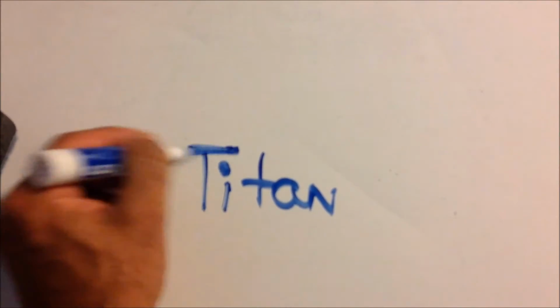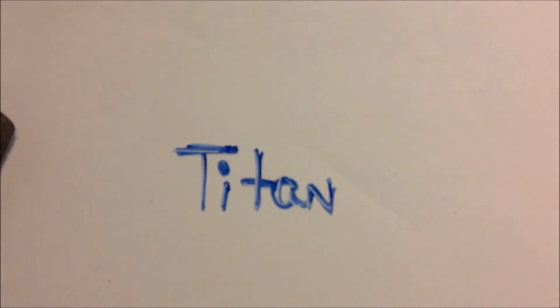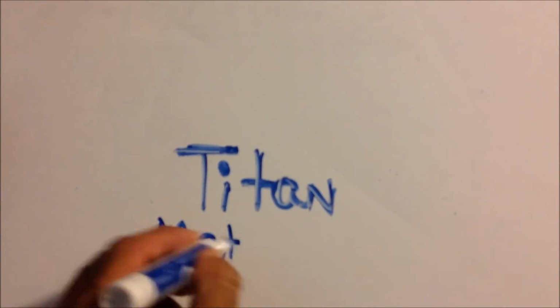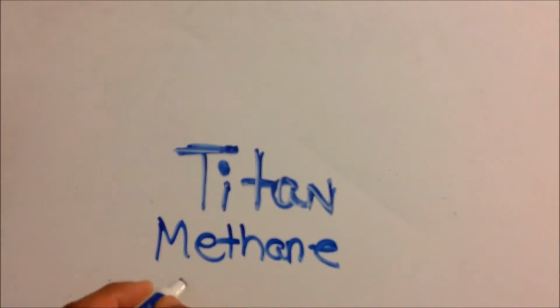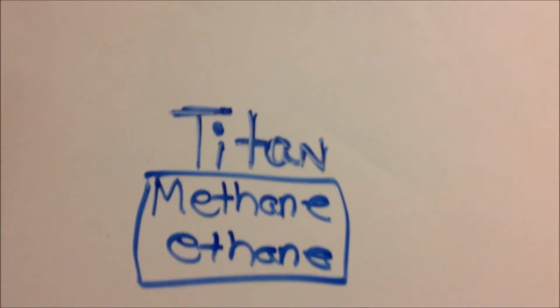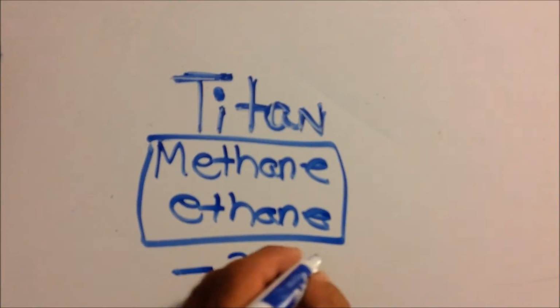So what do you think the temperature is at Titan based on what we just said? Well, we know that it has oceans of methane and oceans of ethane. And remember, in order for methane to be liquid, it has to be negative 260 degrees Fahrenheit.